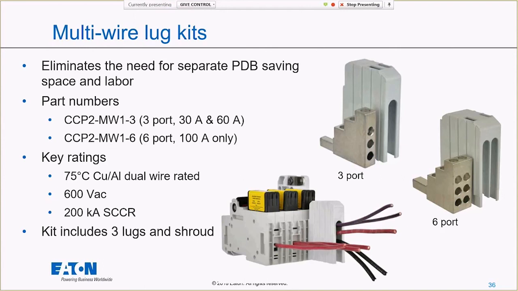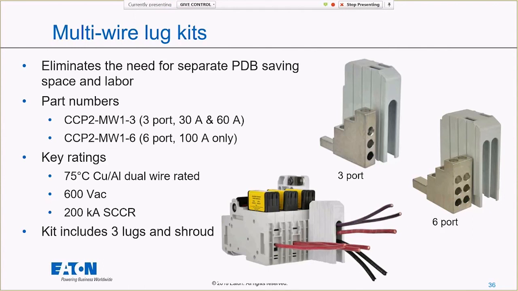Another really good advantage of being able to underfuse that 100 amp switch is sometimes you need 6 ports and not just 3. Well, you could get the 100 amp switch, get the 6 port multi-wire terminal, and then just underfuse that switch, right? You could put a 60 amp fuse in there if you needed to. So that is another reason we see some people underfusing that switch.